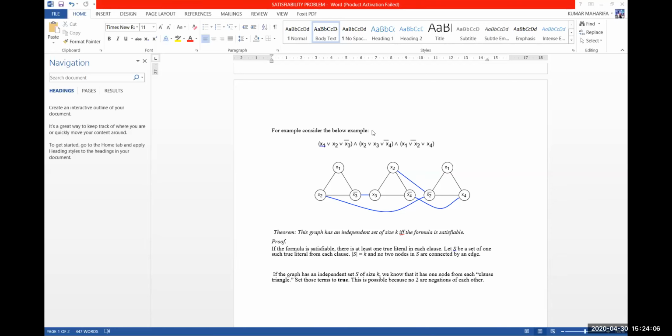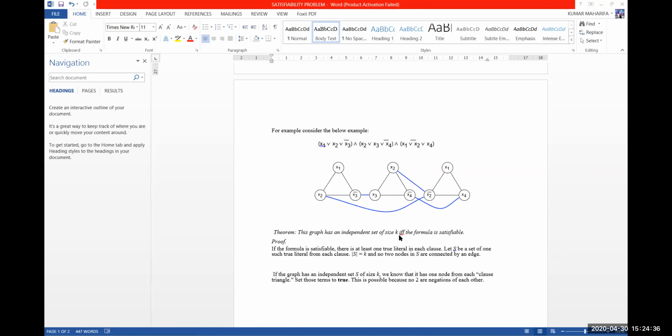So now we have reduced this NP-hard problem, the 3-SAT problem. In order to solve it, I reduce it to the form of an independent set and find the answer. A simple instance I have taken here is this. For that instance, I applied the independent set and found the solution, and I am going to verify whether it is satisfiable or not.